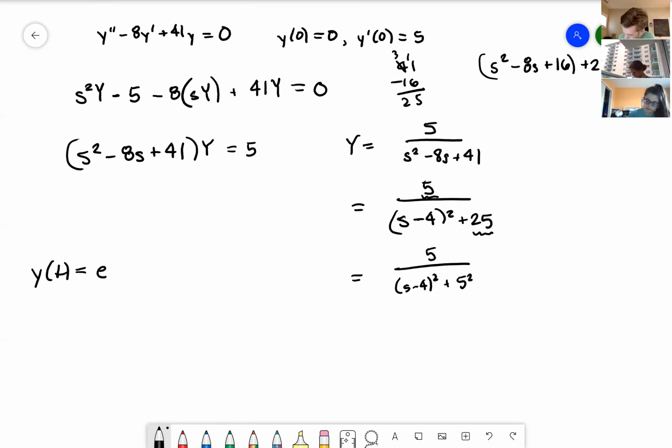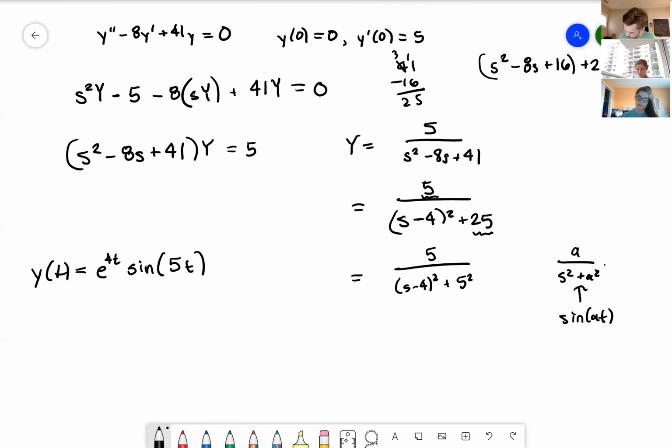So this should be e to the 4t sine of 5t. Do you agree with me on that? We have a over s squared plus a squared. Yep, sine of at goes to this.